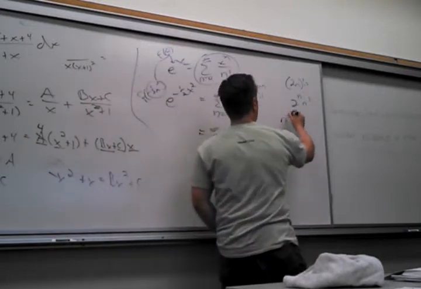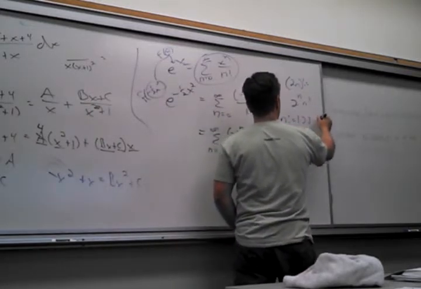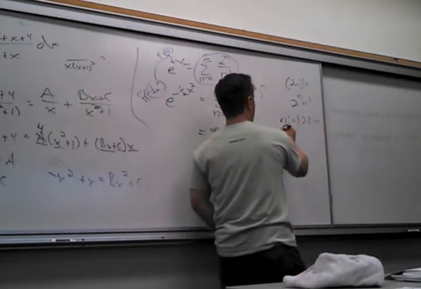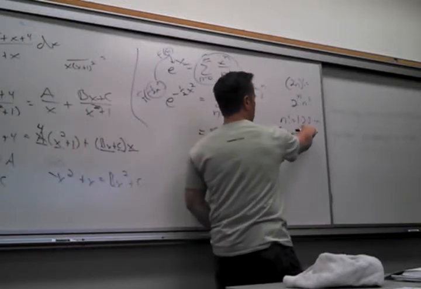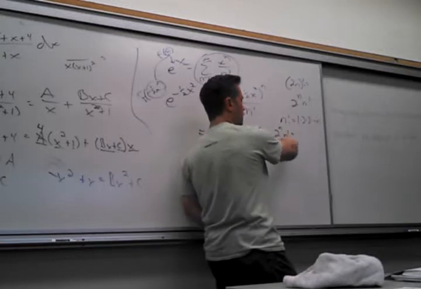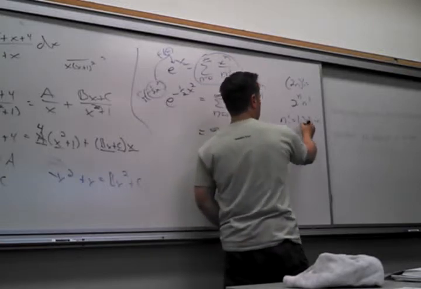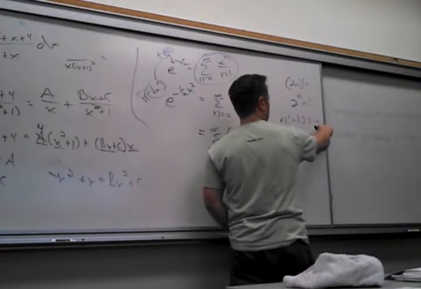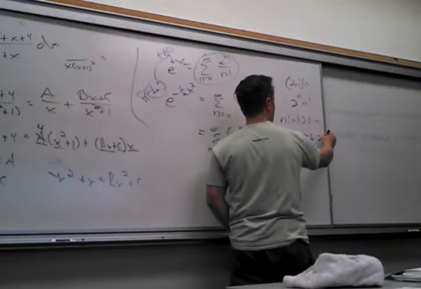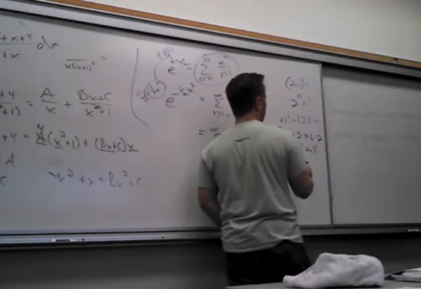N factorial would be 1 times 2 times 3 up to n, right? What would 2 to the n times n factorial be? Each one of these would get a 2, because there's n 2's. So wouldn't that be 2 times 4 times 6 times up to 2n, which is 2n factorial?